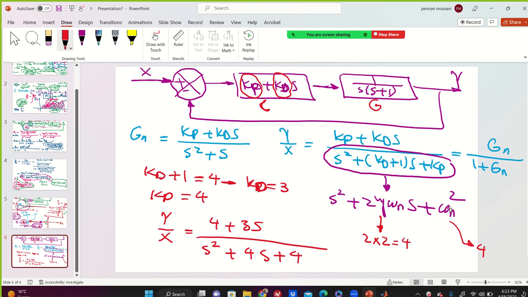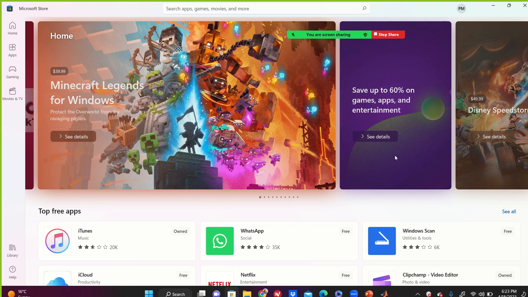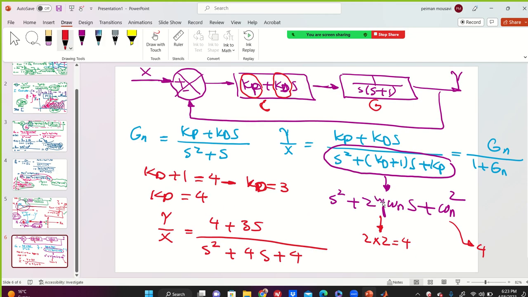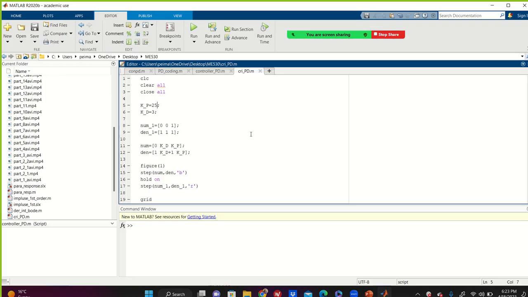When I do that, omega n squared gonna be 25. So Kp gonna be 25. Let us do that. And your Kd gonna be, what is that? 2 times 5, 10. 10 minus 1, gonna be 9. Everyone agree? I'm gonna change it to 9. Let us see how it behaves.